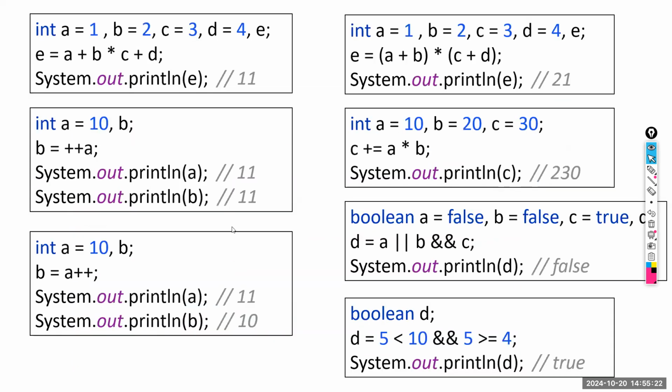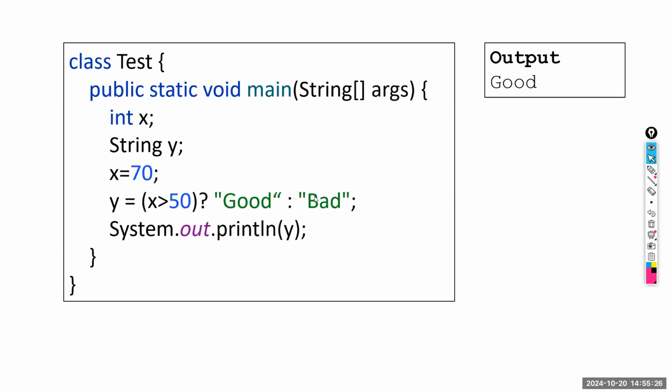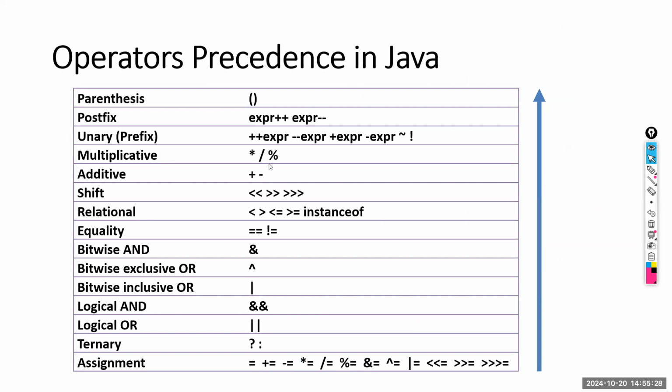Right. So these are some more examples with operator precedence. And operator precedence means some operators have higher priority than others. For example, you know that in arithmetic, multiplication and division have higher priority than add and subtract. And always the brackets have the highest priority. Brackets can override the priority.